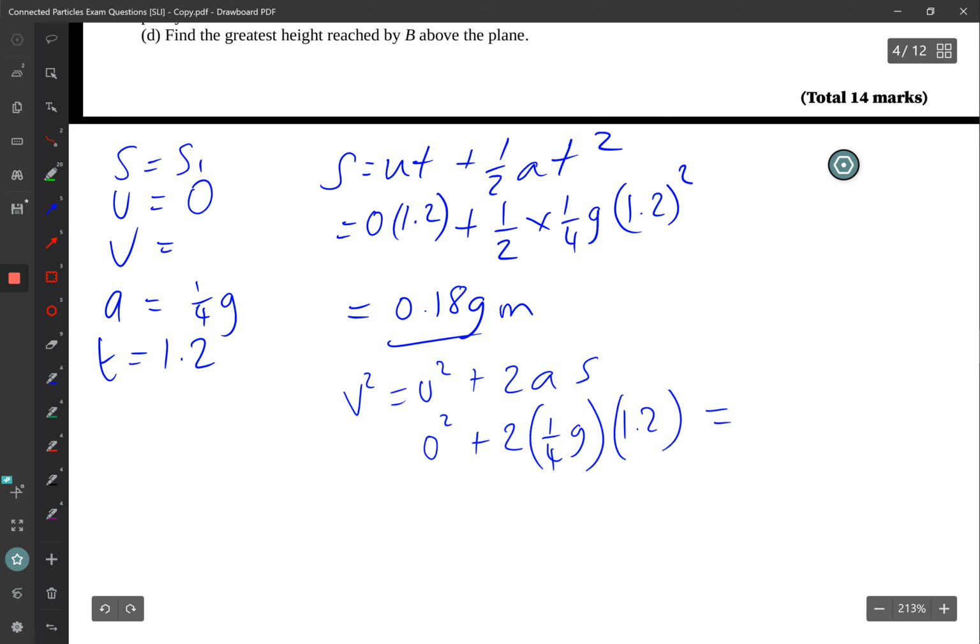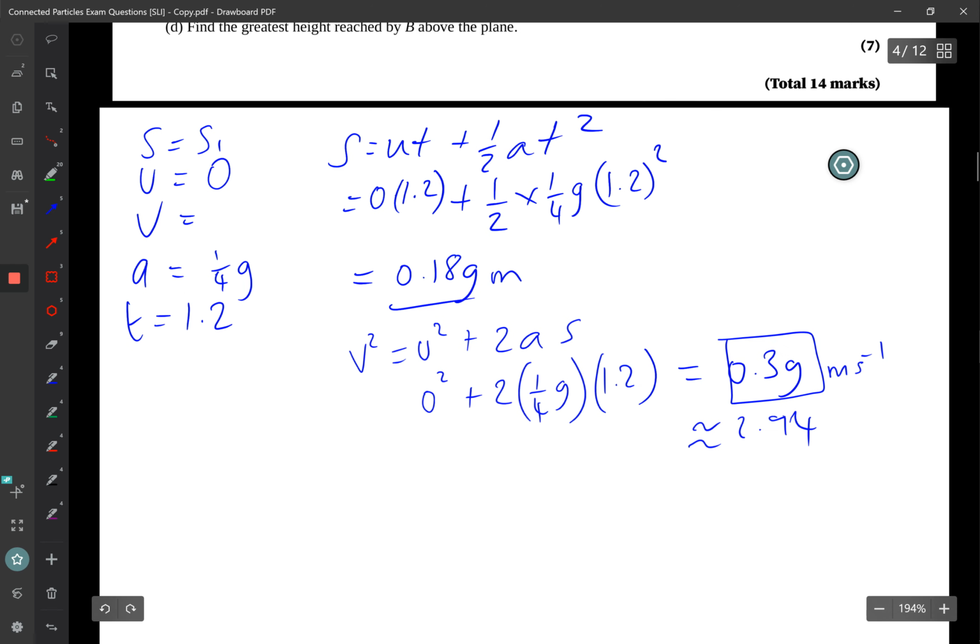And this comes out to be 0.3 g. Again, you would turn it to a decimal, and what it actually means is 2.94 meters per second. But we're going to use 0.3 g just to be more accurate.